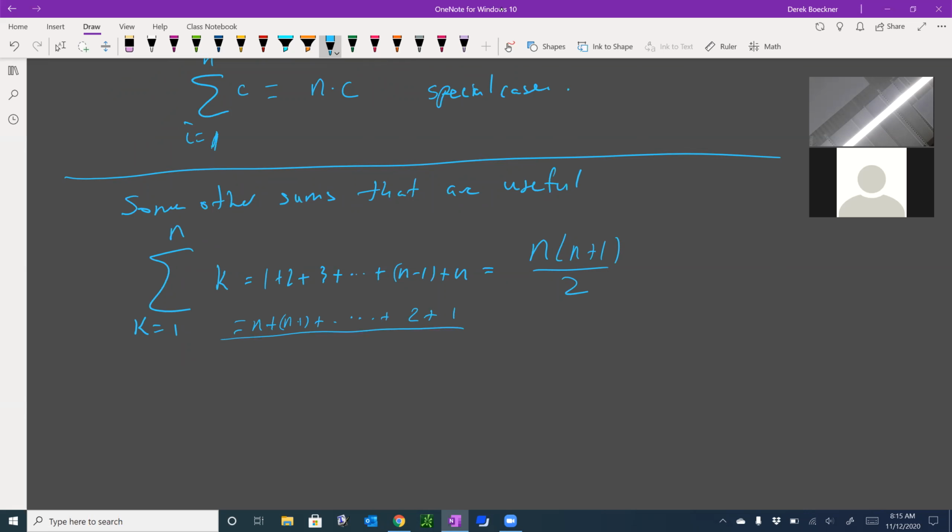And you add those up, you get n plus 1, n plus 1, n plus 1, n plus 1. So you get that 2 times this sum is equal to, well, there's n terms there, n times n plus 1. Each of them is an n plus 1. So you just divide the 2 over and you get your sum.